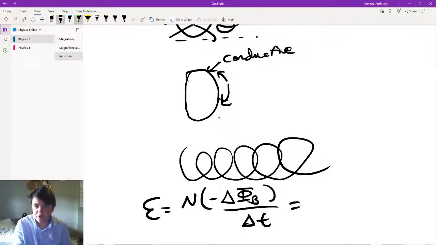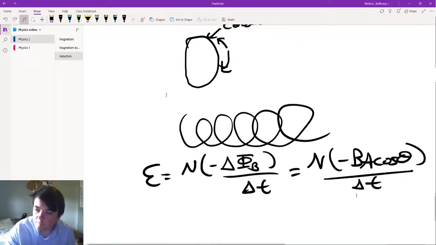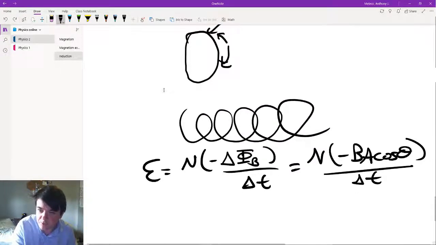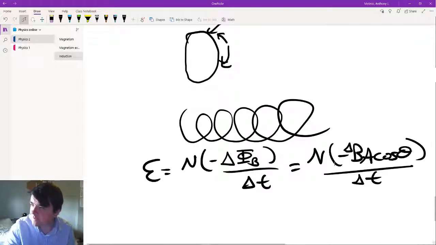And then it's the same equation, so you would write it like this. And then you'd put a little delta symbol probably right there, because both B and A can be changing in this instance, or the angle can be changing too. You can have a moving ring that's rotating. Okay, we won't do stuff like that because that's a little bit advanced.